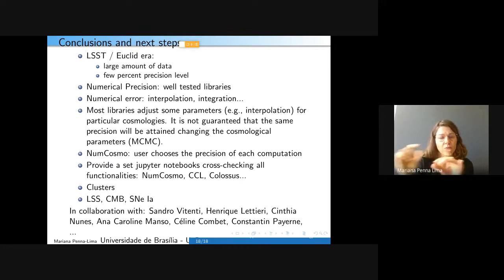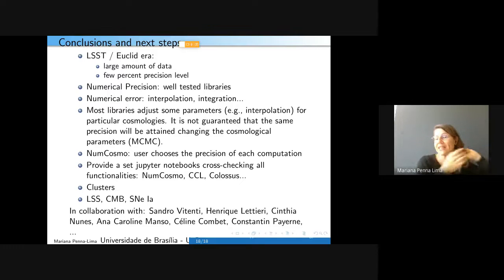And you pass this information, and even in an MCMC chain analysis, you know that this precision is going to be attained, and this request will be met for each step of your MCMC chain. So NumCosmo provides the safety, let's say, for the numerical computation.